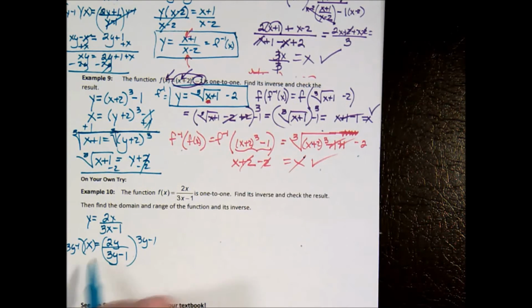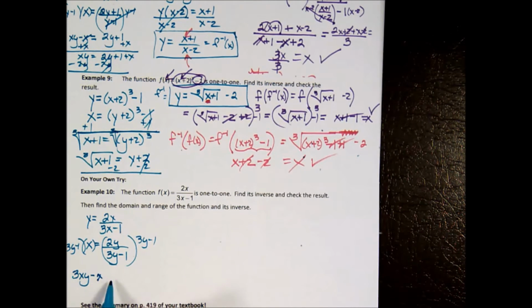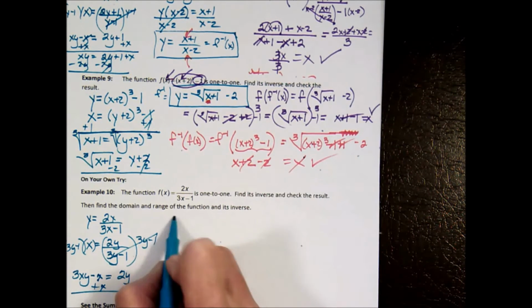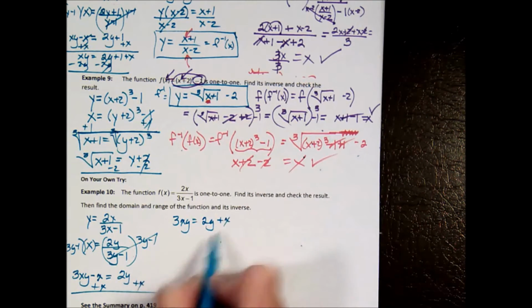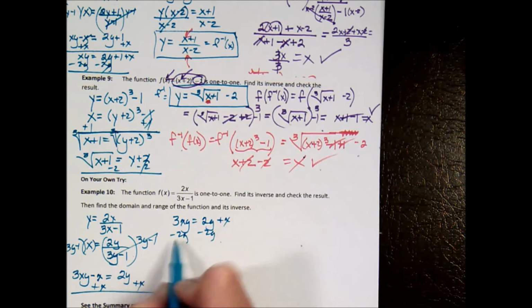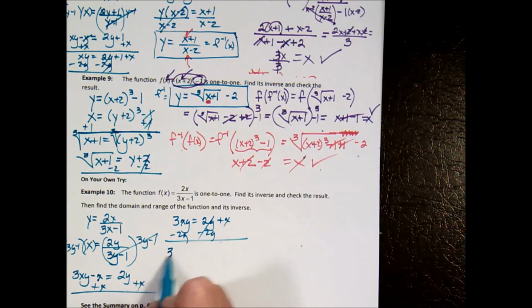So 3xy minus x equals 2y. We want to get our terms that contain a y on the same side. So I'm going to add an x. 3xy equals 2y plus x. Subtract the 2y because we're trying to solve for y. 3xy minus 2y equals x.